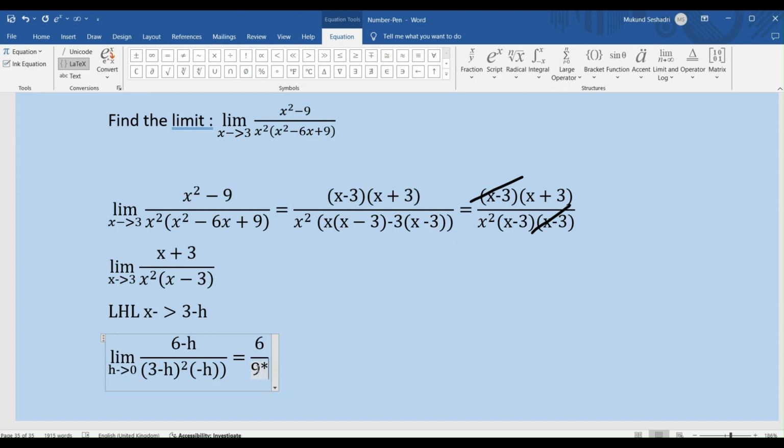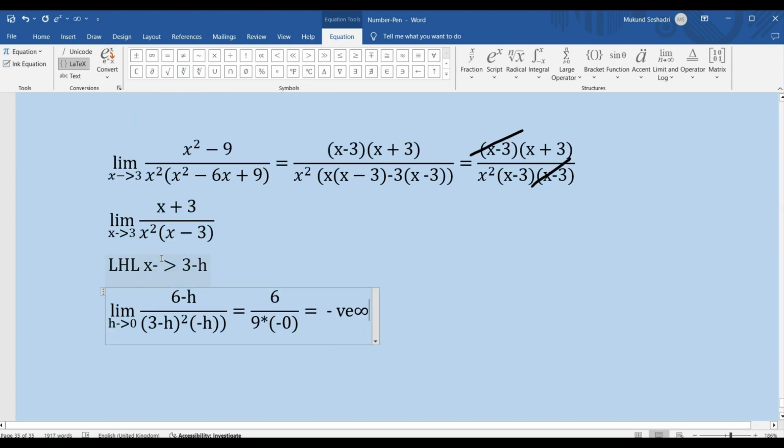And the other part is going to take minus h, so the minus sign remains, which means I'm going to call this left hand limit as negative of infinity, right?